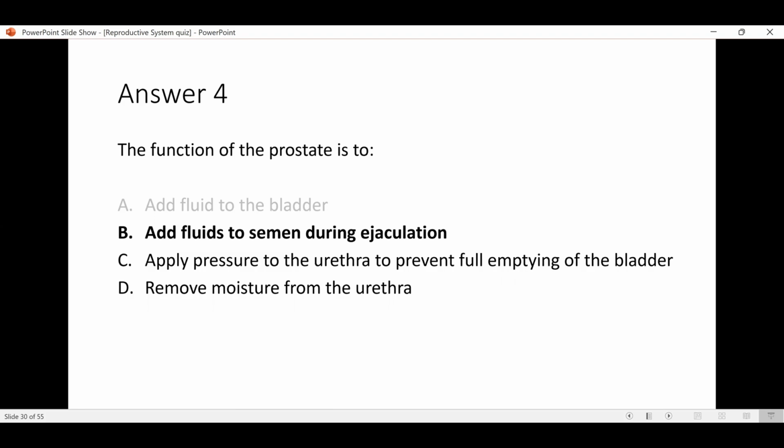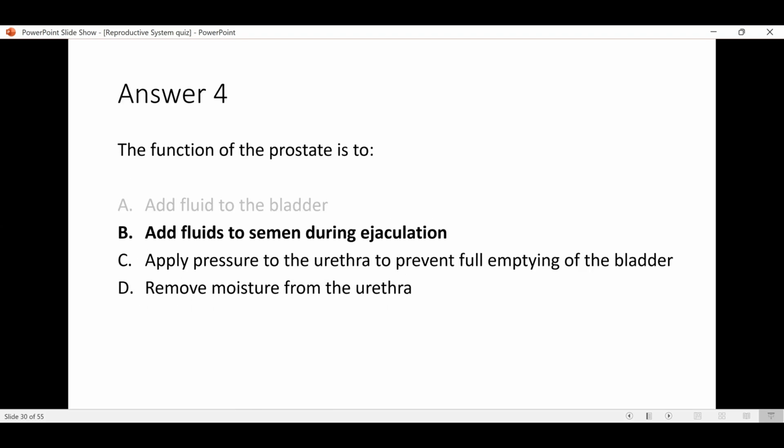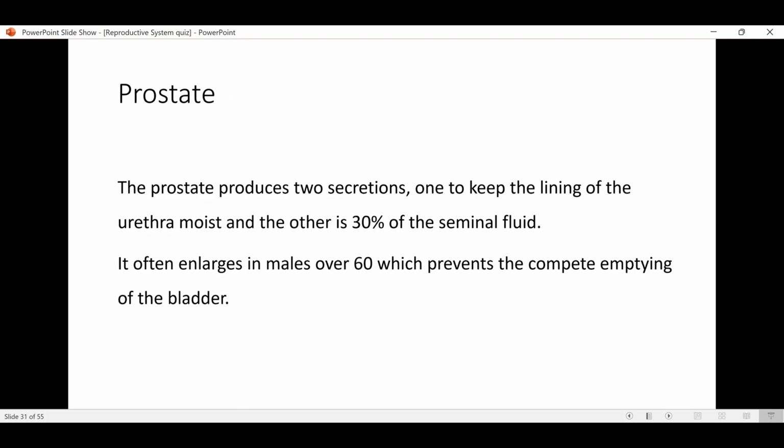Answer 4. The function of the prostate is to add fluids to semen during ejaculation, and it also adds moisture to the urethra. So the prostate produces 2 secretions.